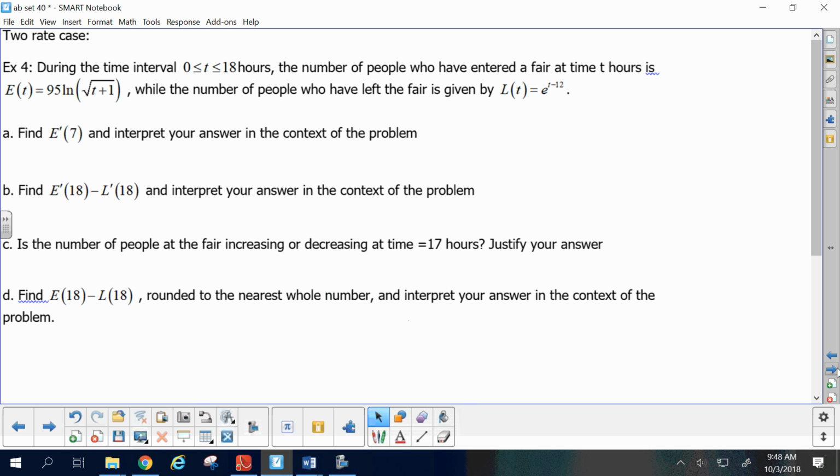All right. This is where things get a little hairier when you get to integration. We've got competing rates problems. Rate in, rate out. During the time interval 0 to 18 hours, the number of people entering the fair is E of t, while the number of people leaving the fair is L of t. Would you please go to your calculator and put those two functions in F1 and F2?